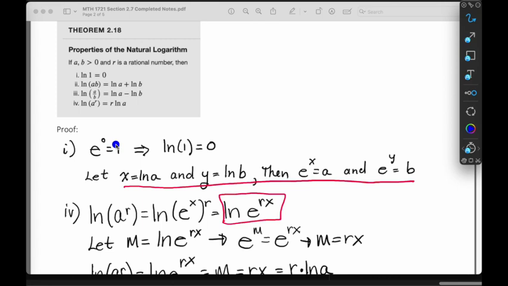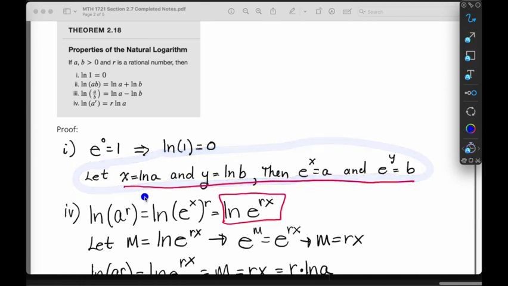So the first one's pretty straightforward and easy to prove. We know that e to the 0 is equal to 1. And then if I just write that in logarithmic form rather than exponential form, we get the natural log of 1 is equal to 0. So this one's pretty easy. Now for the last 3, I'm going to use this information right here.